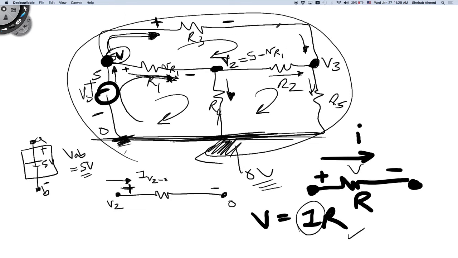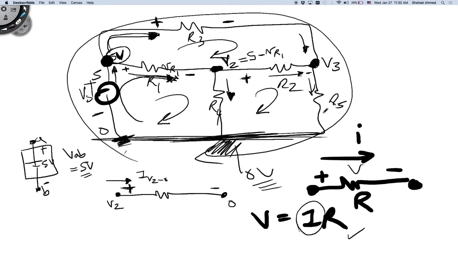The current flowing through here is the same: it's 5 volts minus V3 over this resistance. How about the current flowing in this branch? If I assume this is the direction, then the positive is here, negative here. Then it's V2 minus V3 over R2. So the equation now includes V2 and V3.